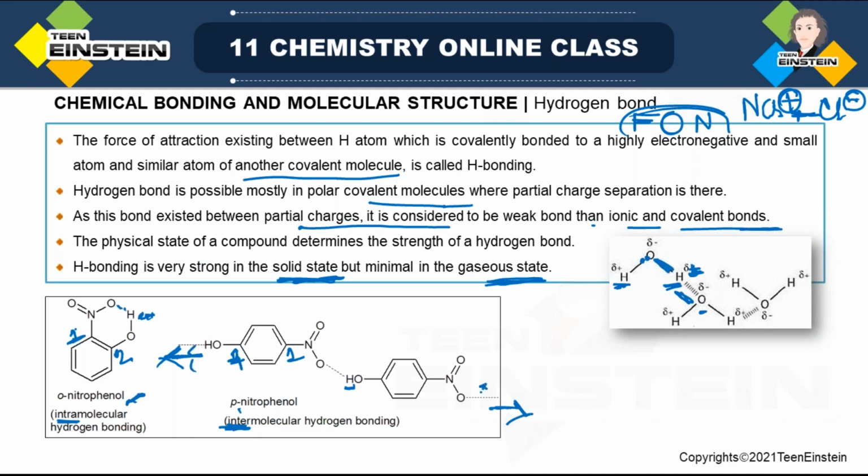To break them, you have to provide energy, making some gap between these molecules, that is, converting from liquid to gaseous state. You have to provide more energy because you are breaking all this hydrogen bonding. So in this way you can understand that when intermolecular hydrogen bonding is present, the boiling point will be high.